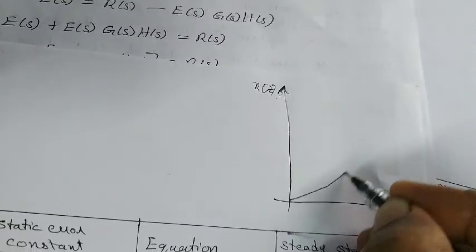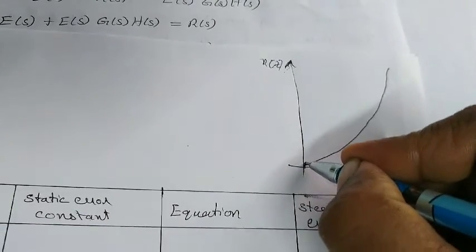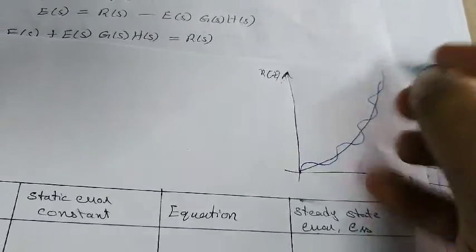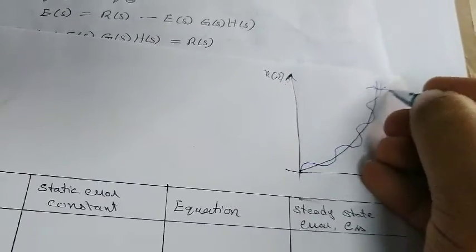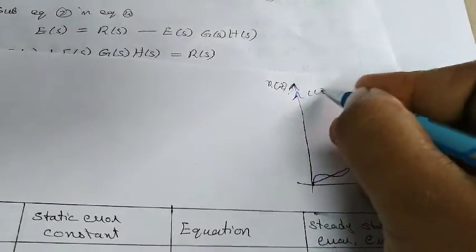So my input, parabolic input, is in this way, and my output response c of t, this blue color is the output response, will be in this fashion, and this is treated as error ESS for c of t.